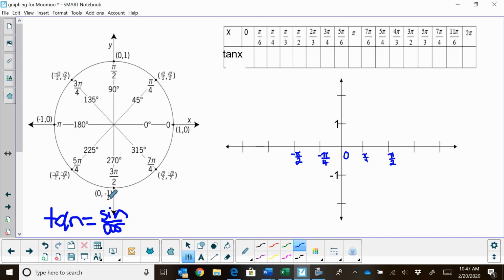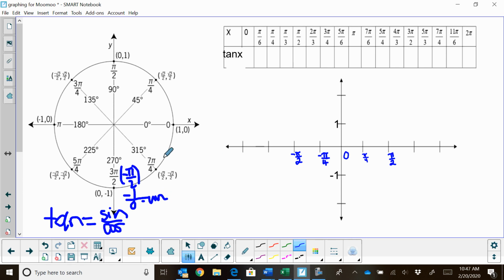So we have this ordered pair at 3 pi halves, which we also know as negative pi halves. That is the same position on the unit circle, and that would give us the ratio of -1 over 0. Well, we know that as undefined. That is an undefined value.